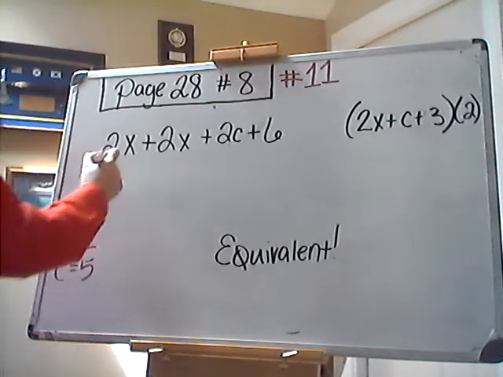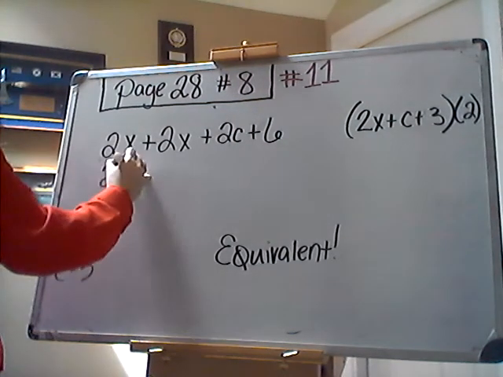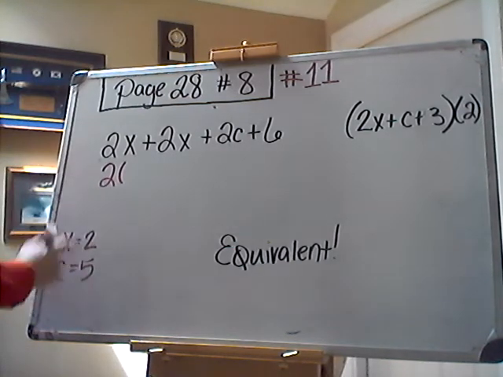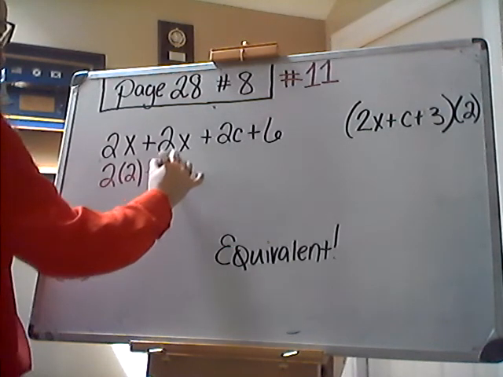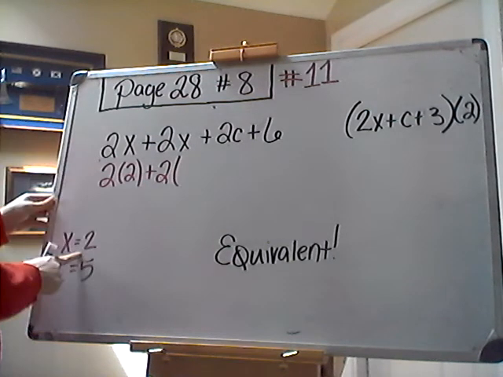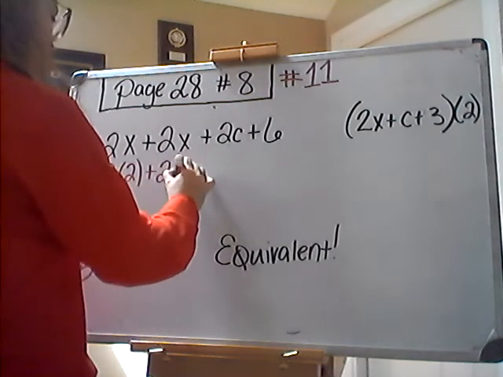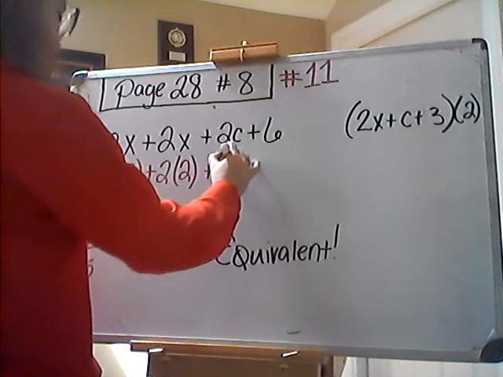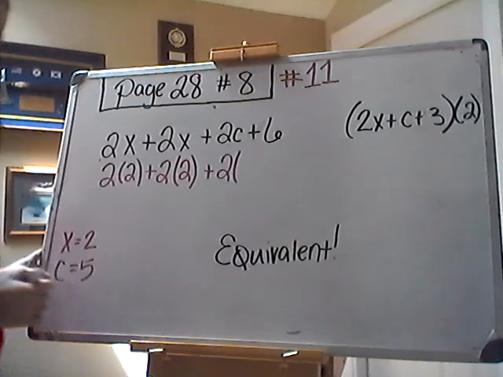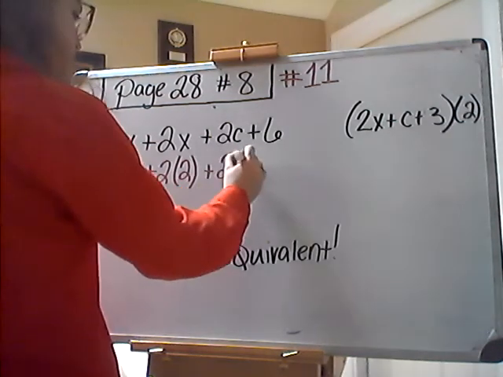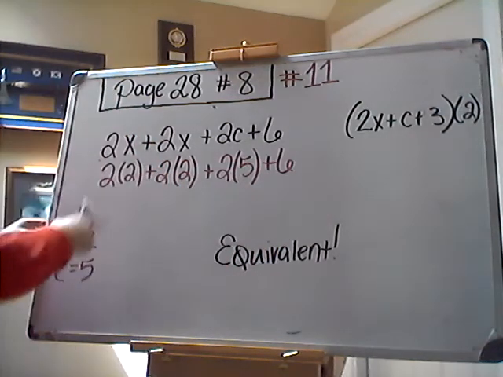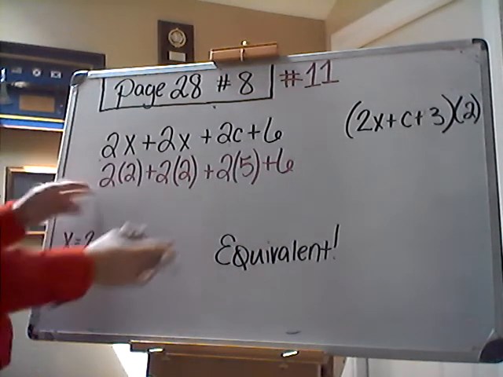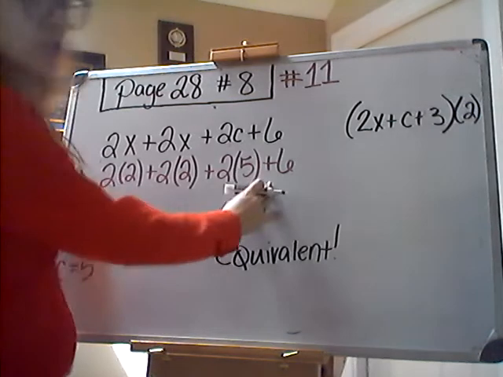Okay, so this is 2 times x, which we say is 2, plus 2 times x, which we also say is 2, plus 2 times c, which we said will be 5, plus 6. Order of operations, all we have right now is multiplication and addition.